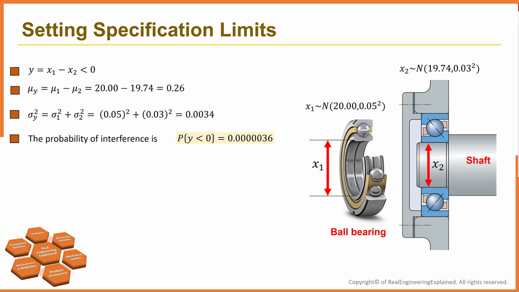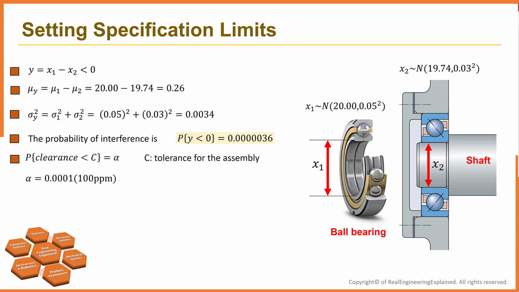So we can easily find the probability of interference, which is the cumulative probability of y less than 0, which is 0.000036. This indicates that very few assemblies will have interference, almost 4 defects per million. This is essentially a Six Sigma design.